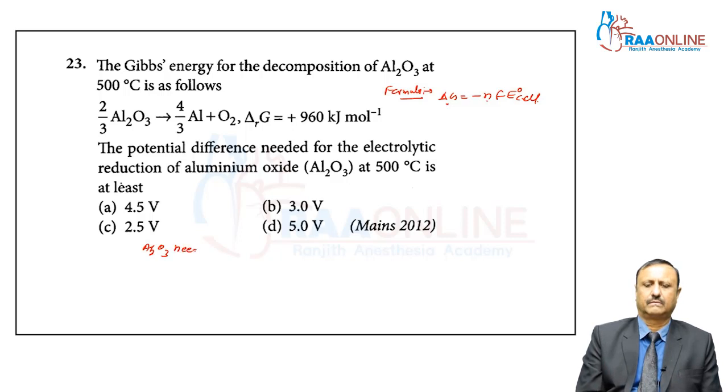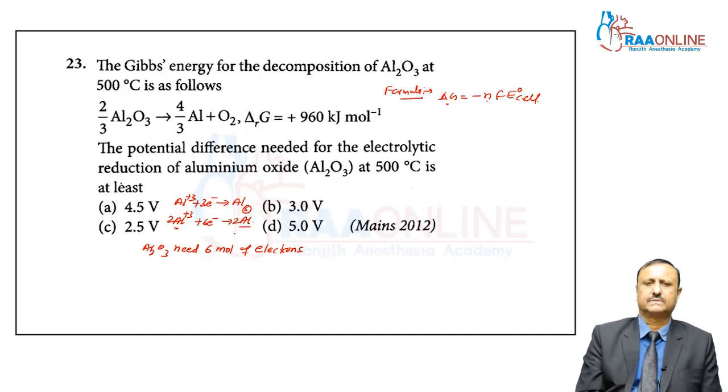needs 6 moles of electrons, because when Al3+ requires 3 electrons to form solid aluminum, and 2 Al3+, because Al2O3 has two aluminum atoms, requires 6 electrons to form 2 Al.